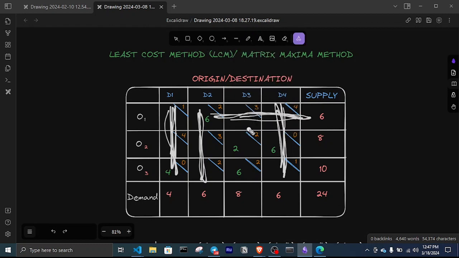If our focus is just on these 2 cells, and we know the total supply on O2 is 8, and we already have a value 6 here, then it's intuitive that the value at the cell 2 is going to be 2, since the total on that row is supposed to be 8, right?